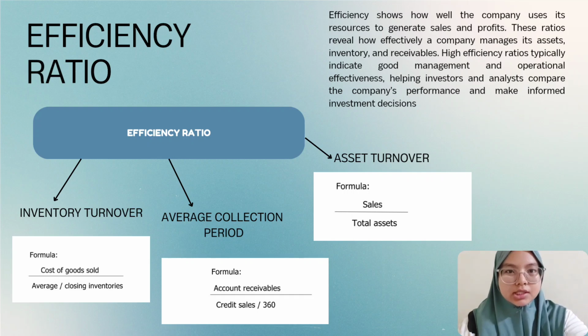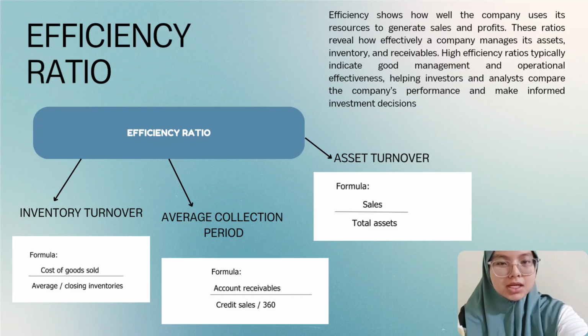So right here, there are several methods to calculate efficiency ratio. First is inventory turnover. Inventory turnover calculates how many times a business sold and replaced inventory per year. The formula is cost of goods sold divided by average or closing inventory. The second method is average collection period.